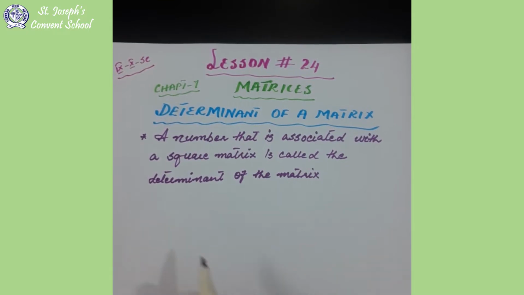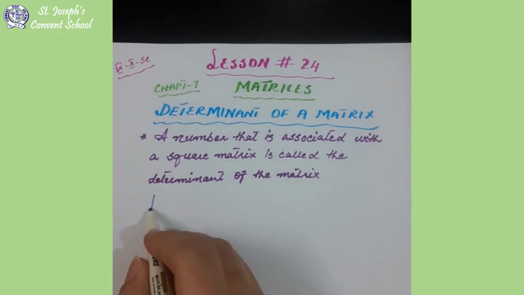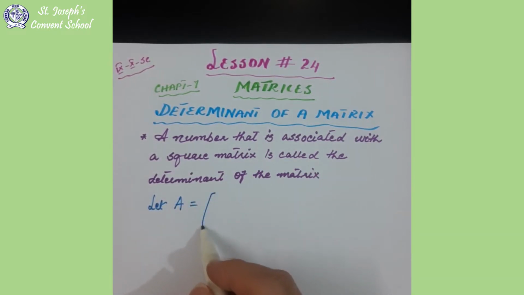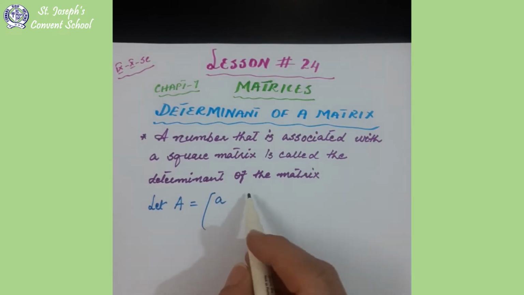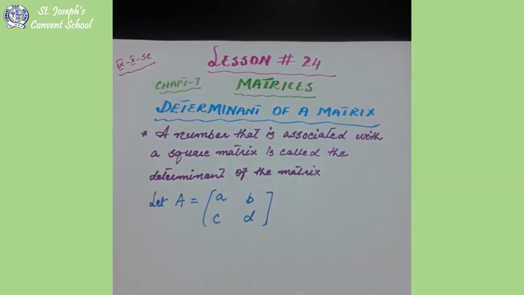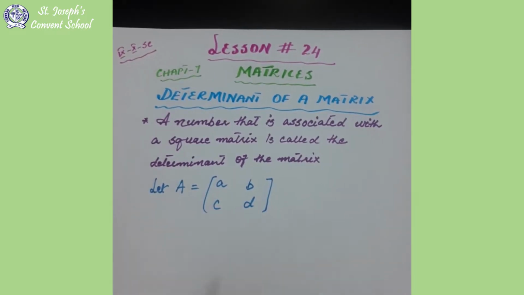Suppose matrix A is given, with entries A, B, C, D. So what we do, we first change this into determinant form. How to change it into determinant form?